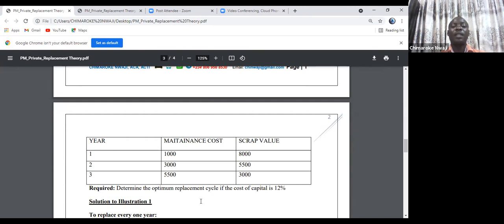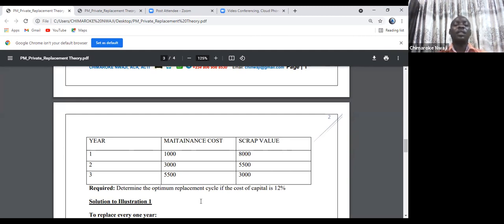We have maintenance cost. So you see here that in the first year, since the machine is new, the maintenance cost will be low. Now, as you keep aging the asset, year 2, year 3, the maintenance cost increases. Now look at the scrap value.